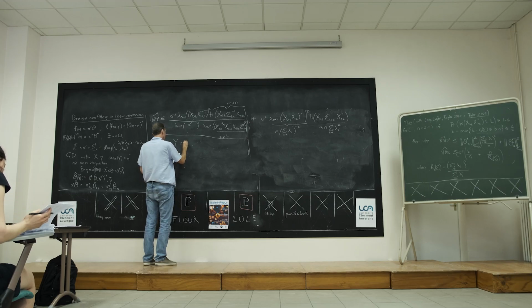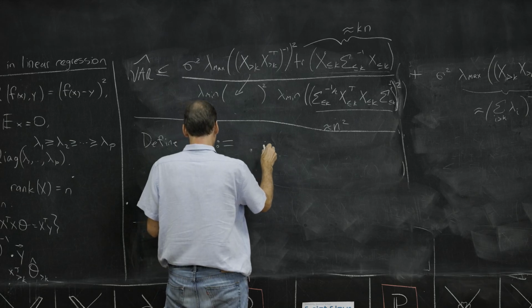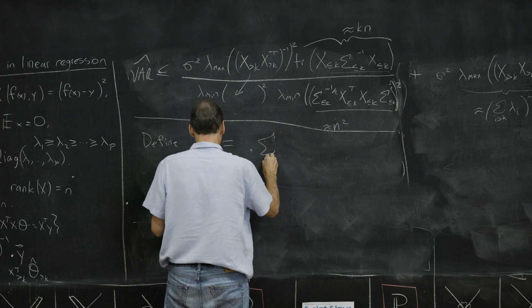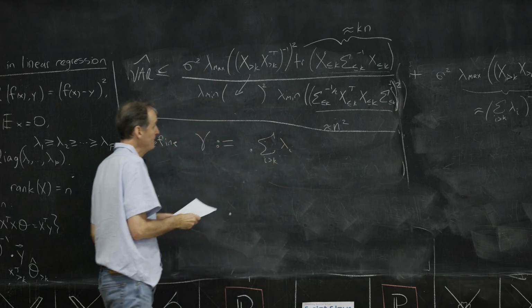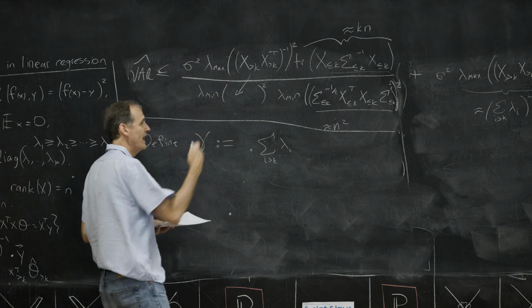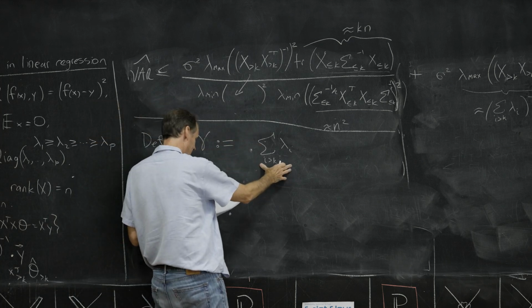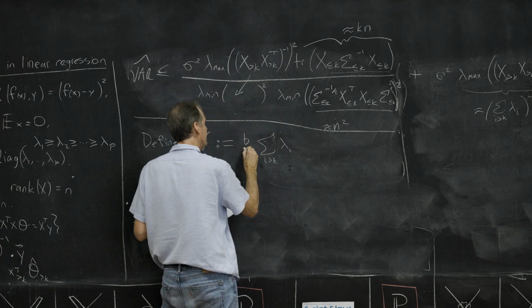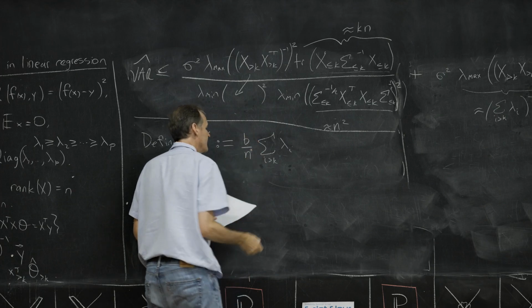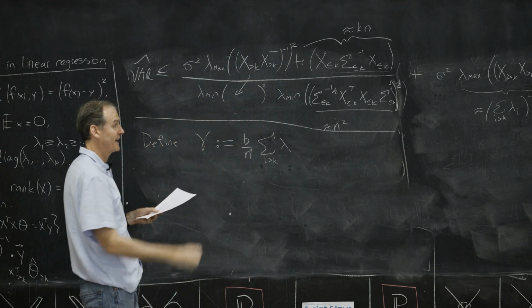So let's define gamma as this quantity, the sum over i greater than k of lambda i. We know that the eigenvalues are within a constant factor of this. I'm going to scale it in a way that reflects our choice for k.